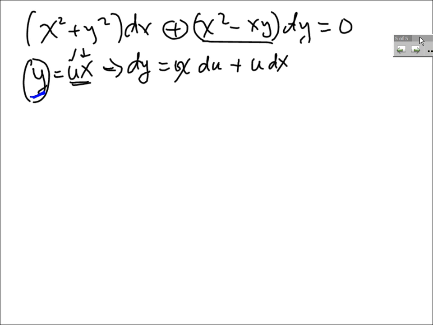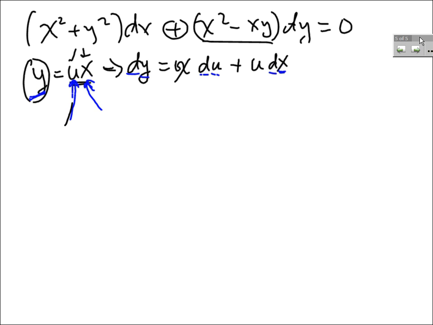When I took the differential of y, I put d in front of y. When I took the differential of u, I put a d in front of u. When I took the differential of x, I put a d in front of the x. First, you take the differential of u, times it by x, and then you reverse it.